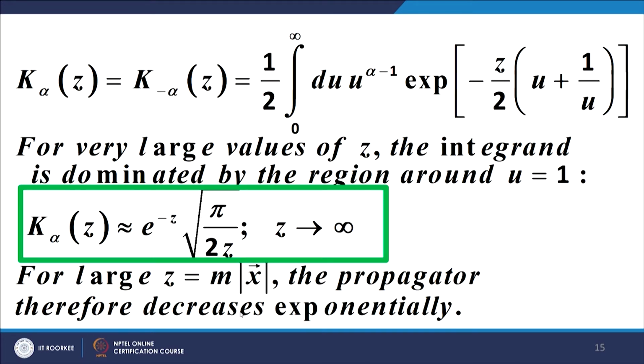Recall that u is equal to 1 represents the stationary point or the saddle point, and the integral in that situation is given by the expression in the green box. It is clearly obvious that as z tends to infinity, the propagator falls exponentially. So, this is the large scale, or large distance, behavior of the propagator.